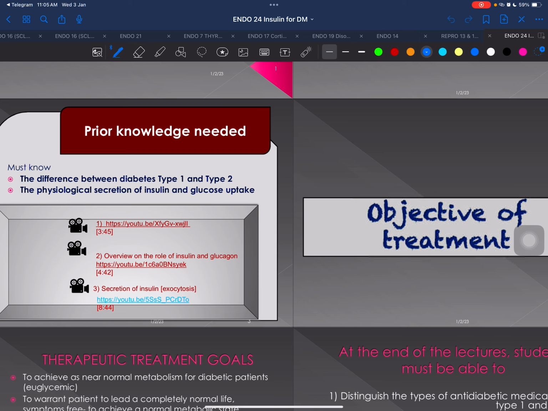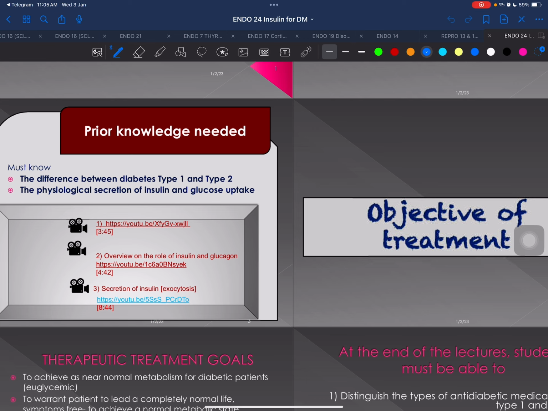Okay? So macam biasa, kalau you belajar pharmacology, it's drugs, mechanism of action, pharmacokinetics, drug interactions, side effects, and the highlight of special drug usage or anything that is important for that particular topic. So this topic is on diabetes mellitus and how to treat the condition.